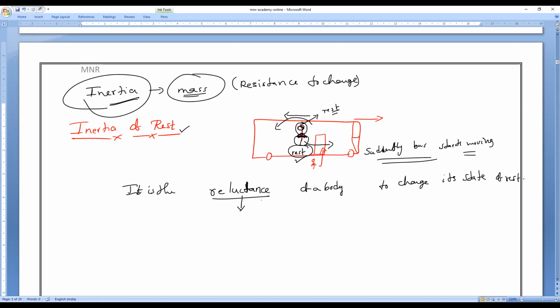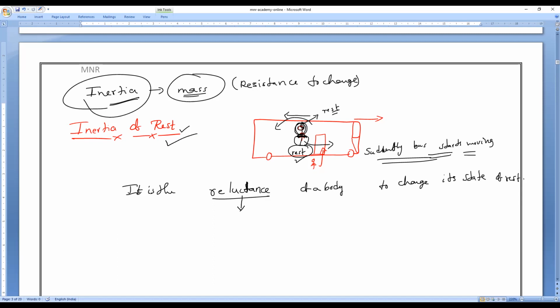Like that, when there is a sudden change in my motion, my lower part moves, but my upper part of the body is not ready to accept that. That is what we call reluctance. So it is a reluctance of a body to change its state of rest. That is what we call inertia of rest. What is the example you can write? Suddenly the bus will start moving forward.